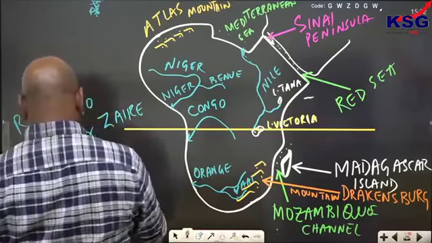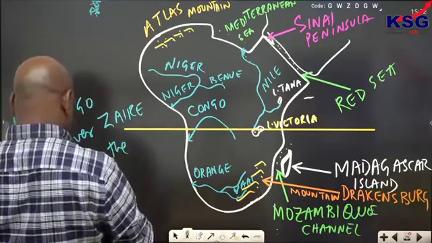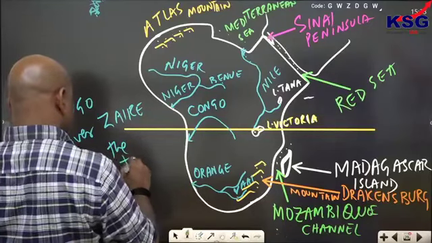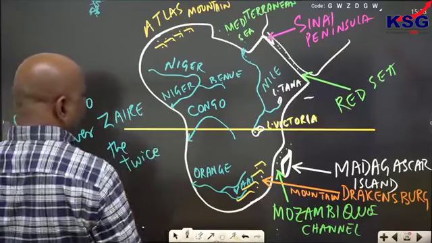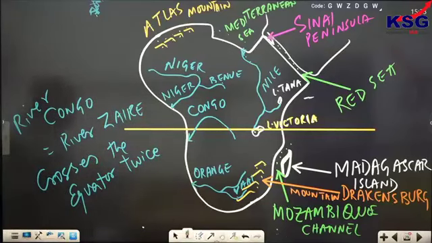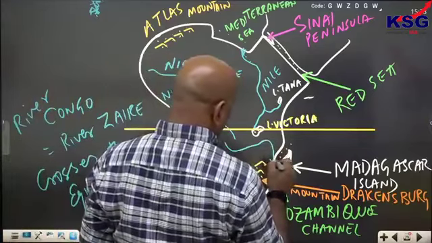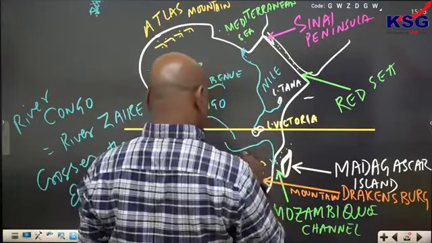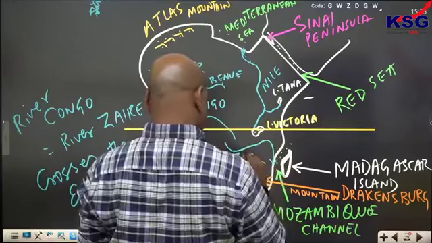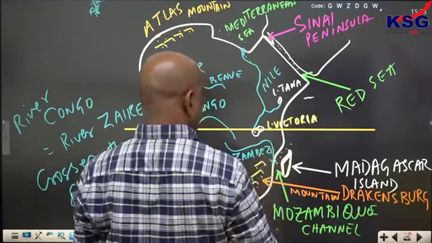Crosses the equator twice. दो बार इक्वेटर को क्रॉस कर रही है ये कंगो रिवर. और यहां से और एक रिवर ऐसे जाके ऐसे जाती है, इसका नाम क्या है? This river is known as Zambezi.